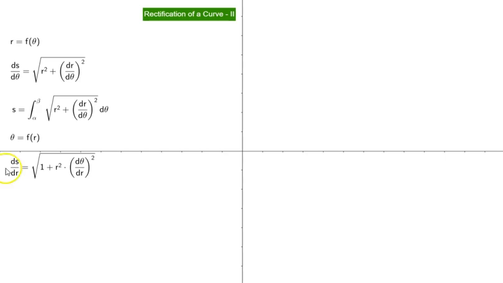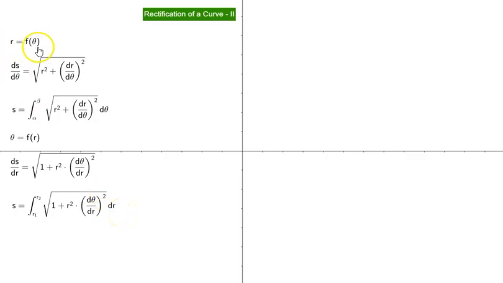In which case ds by dr is equal to square root of 1 plus r squared times (d theta by dr) squared. And in this case, s is equal to the integral from r1 to r2 of square root of 1 plus r squared times (d theta by dr) squared dr.